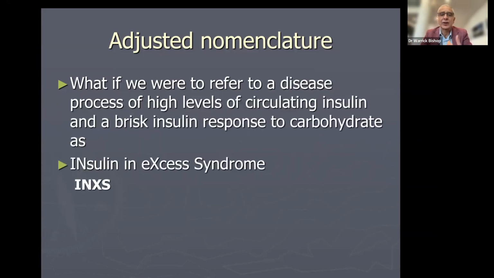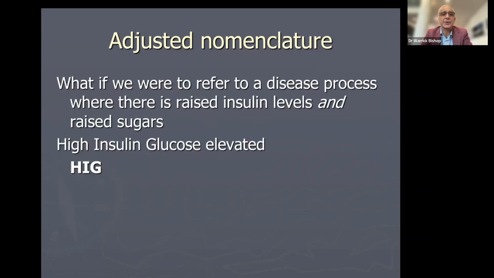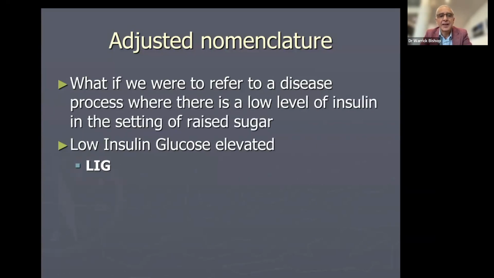His parents, or his dad in particular, would have been, in his middle age, someone with high circulating insulin and a brisk insulin response. He would have had insulin in excess syndrome. And when that process continued to the point where sugars were elevated, he would have been high insulin, glucose elevated.